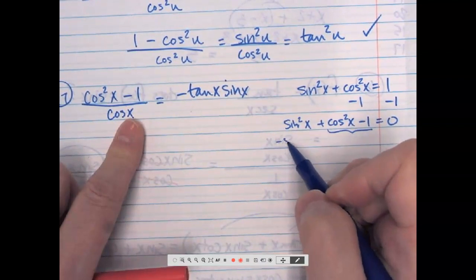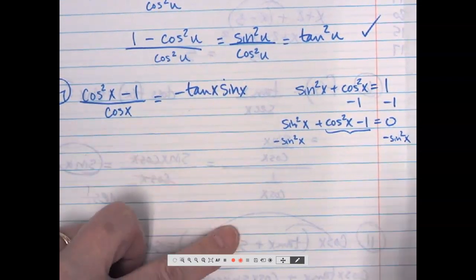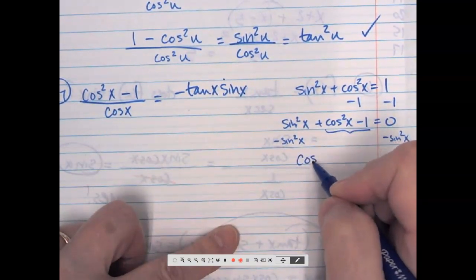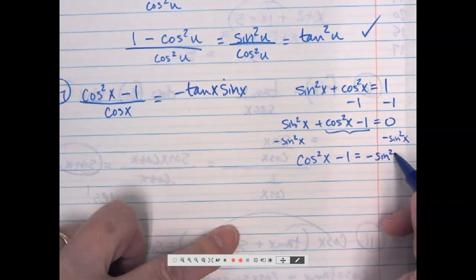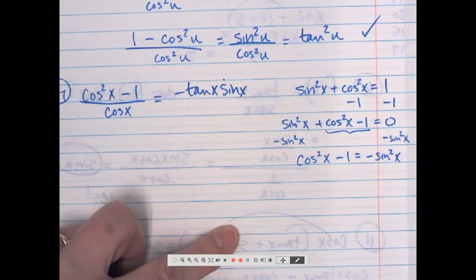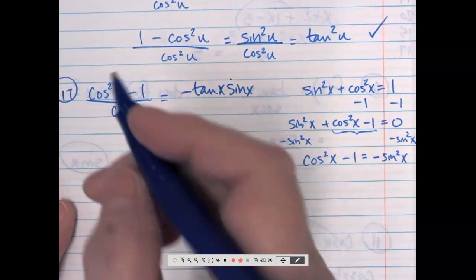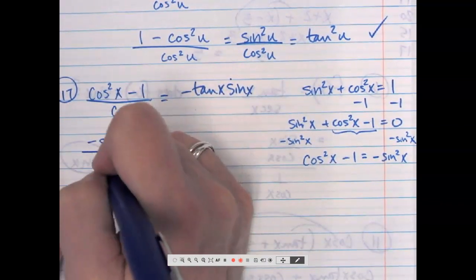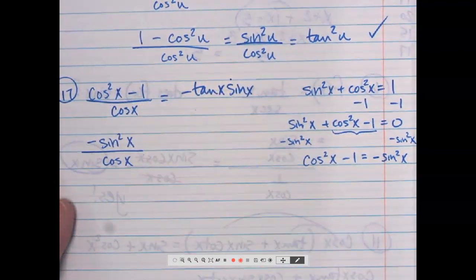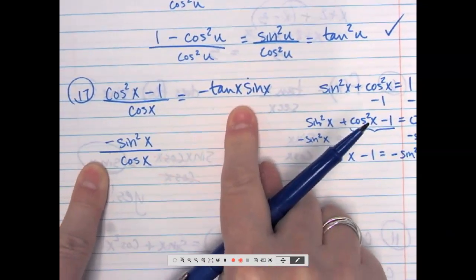So that means I'm going to have to subtract sine squared from both sides so that I have cosine squared minus 1 is negative sine squared. Okay, so this numerator is negative sine squared over cosine. Now that's pretty simple as is, but look what I want it to be.